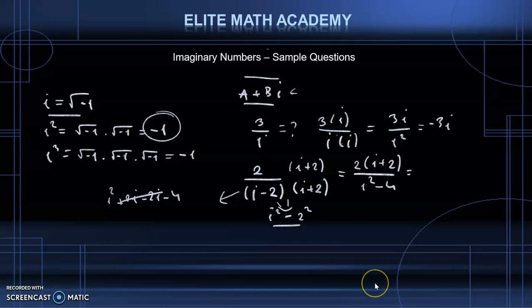So the numerator becomes 2i plus 2 divided by i squared being -1, so -1 minus 4, which will bring us 2i plus 2 over -5. And then we will have to rewrite this.